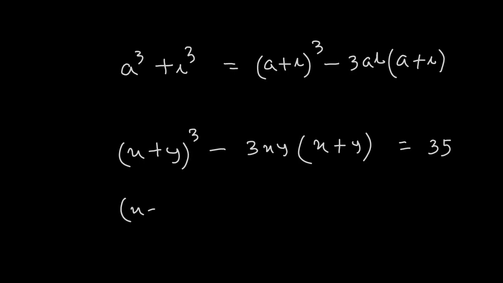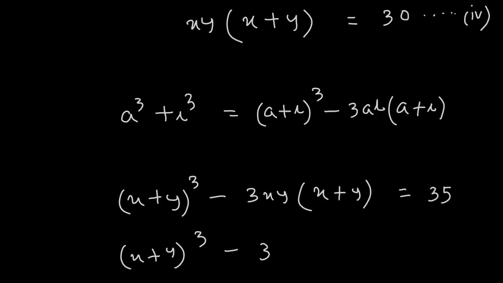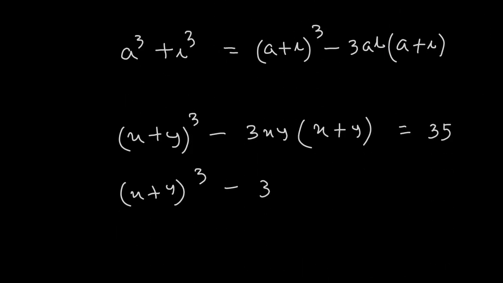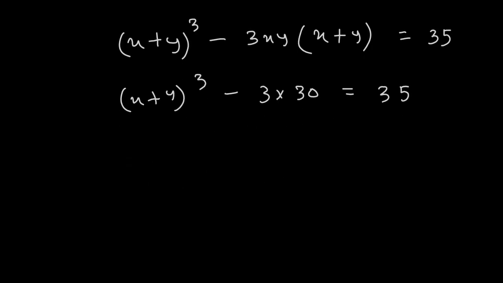Now we can write x plus y whole cube minus 3 times, we know the value of xy times x plus y from equation number 4, which is 30. So we can write 3 times 30 equals 90. So we get x plus y whole cube minus 90 equals 35.